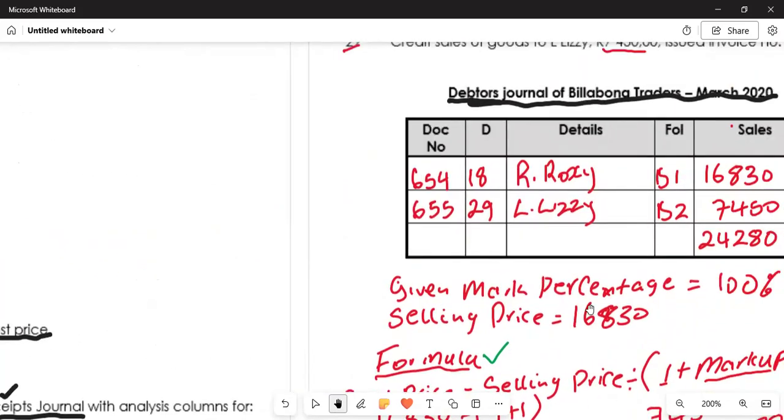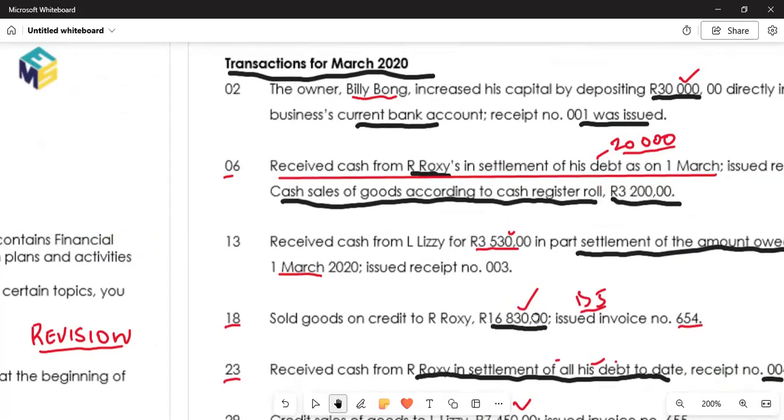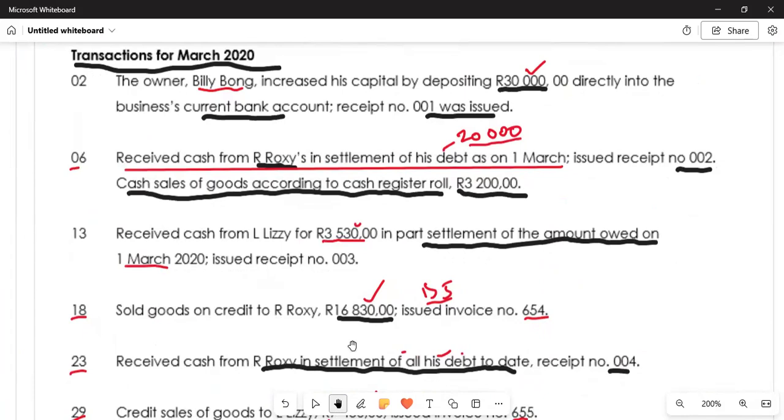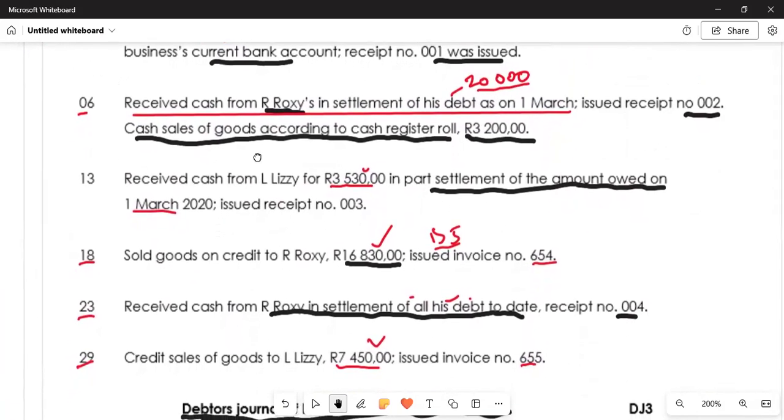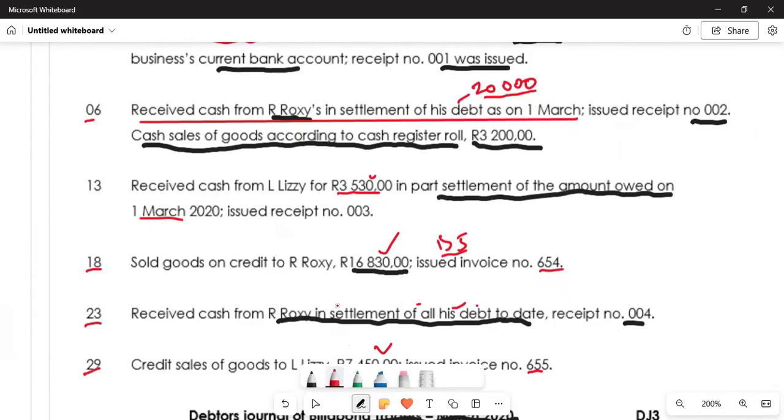See our transactions, still on the 6th. We were told that cash sales of goods according to the cash receipt roll is 3,200. This is what we received.